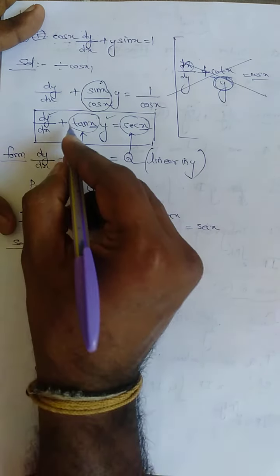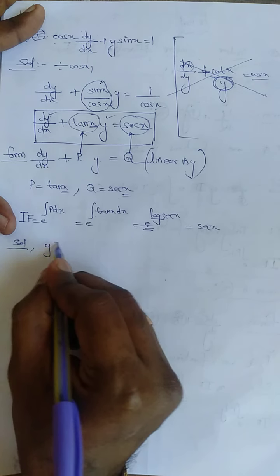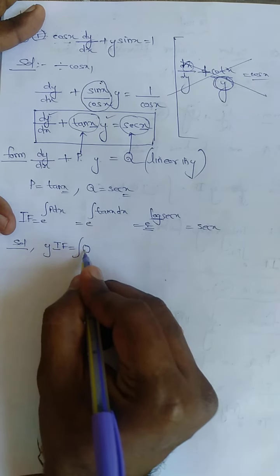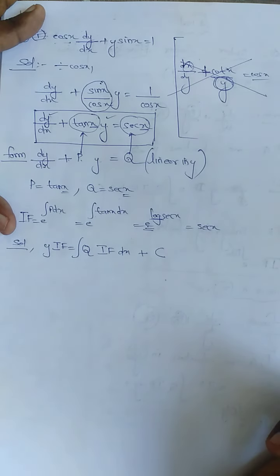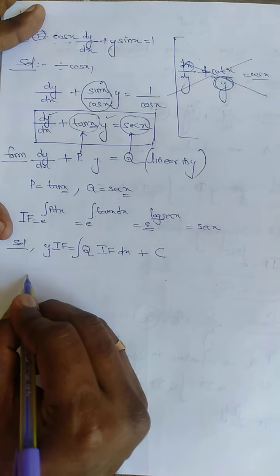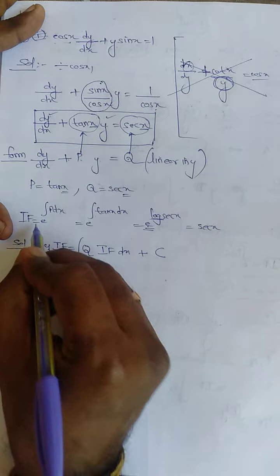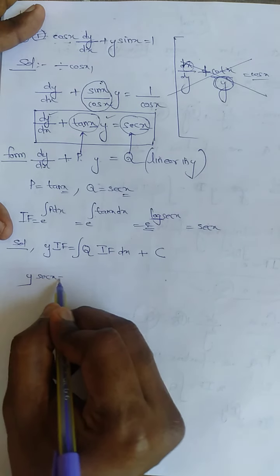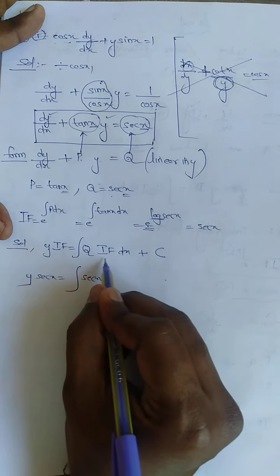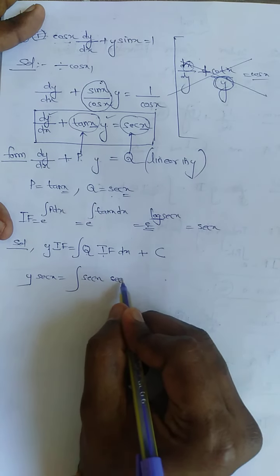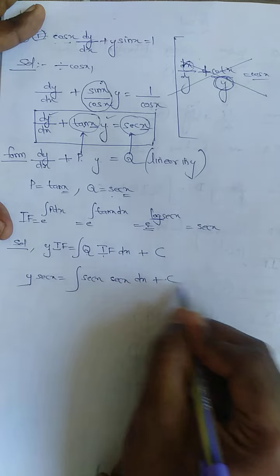What is the solution for linear in y? y times IF is equal to integration of Q times IF into dx plus arbitrary constant c. What is y? Right, y as it is. IF is nothing but secant x, equal to integration of Q, where Q is secant x, once again IF secant x into dx plus c.